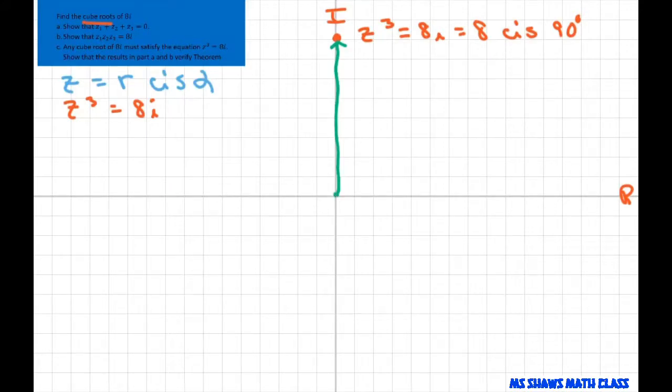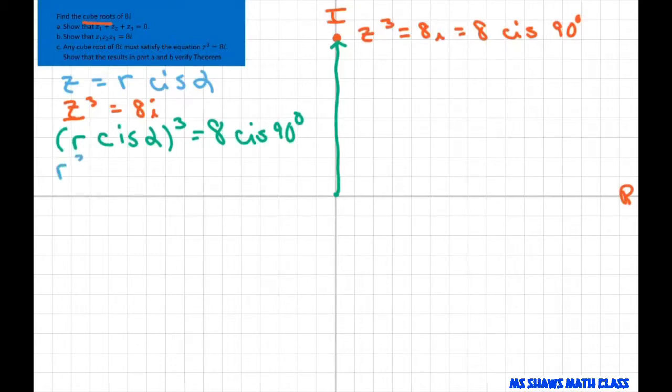So now since we have z cubed equals 8i, we can write this as r cis of alpha, cubed, equals 8 cis of 90 degrees. I can rewrite this as r cubed cis of 3 alpha equals 8 cis of 90 degrees.